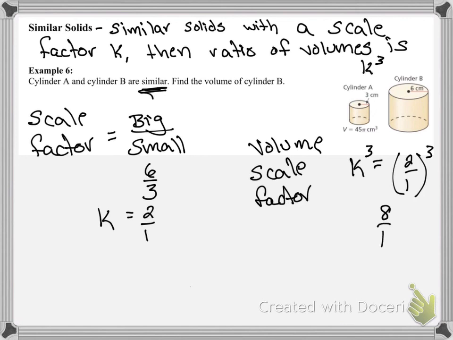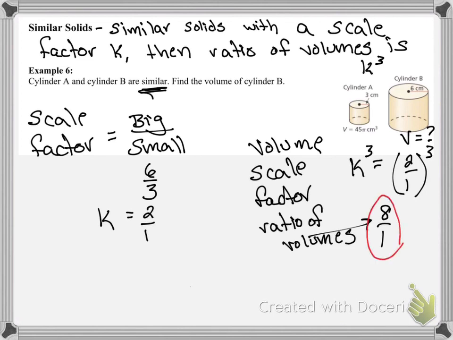This is the ratio of their volumes. The ratio of their volumes has to be 8 to 1 if I go big to small. So if I'm looking for the volume of this big one, the ratio of their volumes has to be 8 to 1.